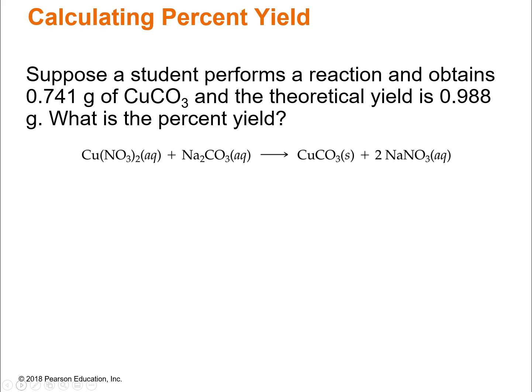I want you to try a problem on your own. Same exact problem, slightly different numbers. And you can put your answer in the chat. I'll write it out, but that is the right answer.